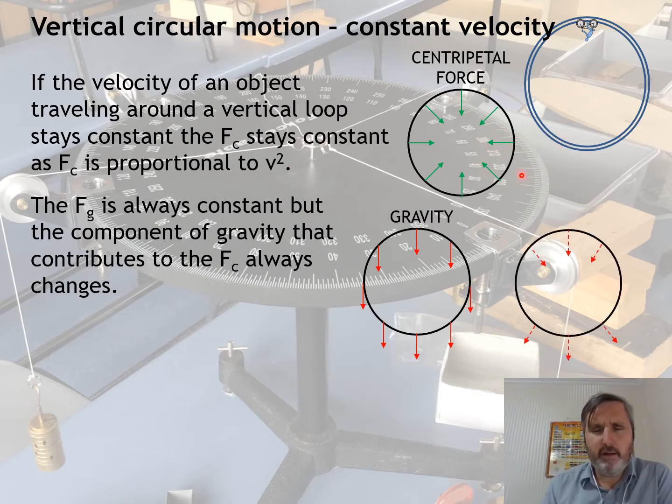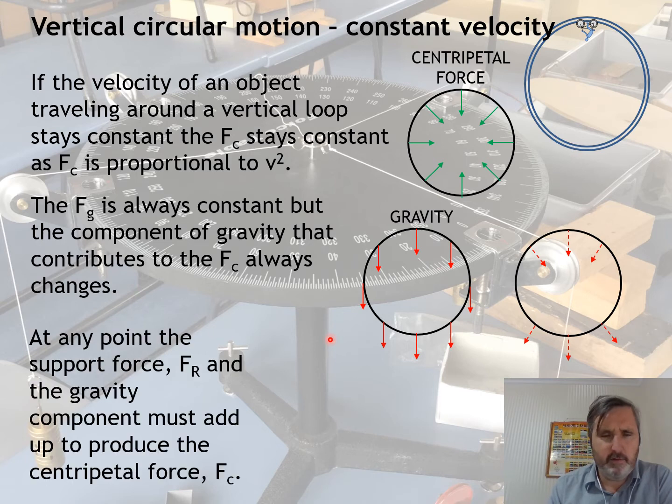In any case, what we can do is say what parts of this gravity are acting parallel towards the center, or in the same direction or the opposite direction to the centripetal force. You can see that all of this acts towards the center, and all of the bottom one acts parallel away from the center.